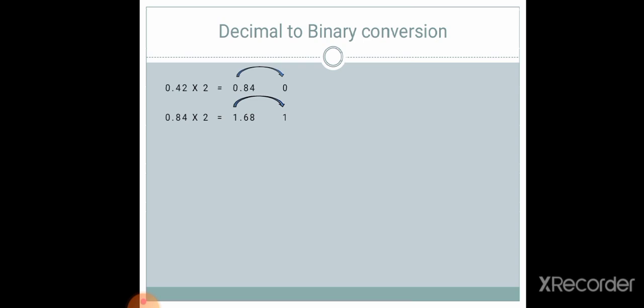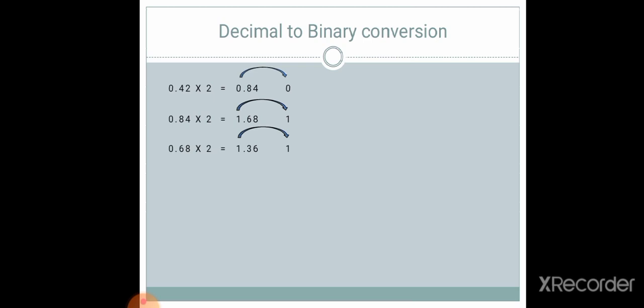So before radix point there is number 1. So put that number in front of your answer. Write down at the right hand side.